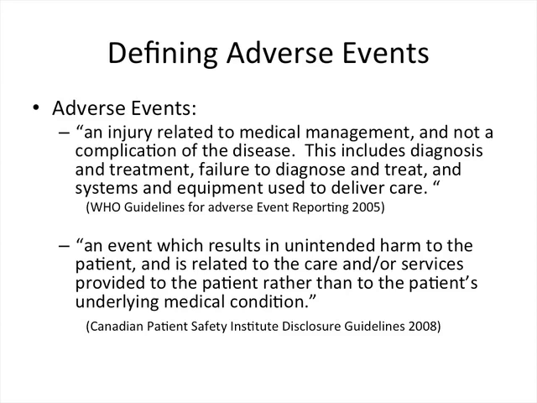This includes diagnosis and treatment, failure of diagnosis and treatment, as well as failures of systems or equipment, which result in patient harm. Today we'll talk about complications, adverse events, and we'll use the study of surgical positioning as an example.